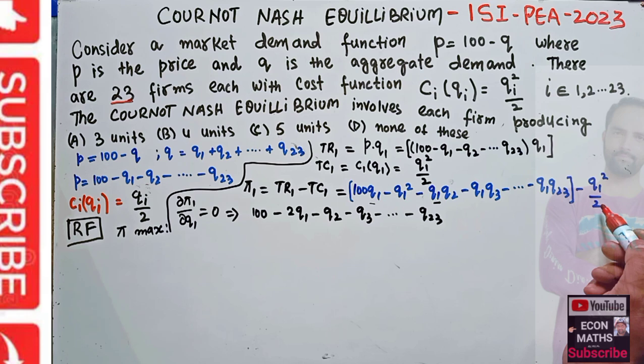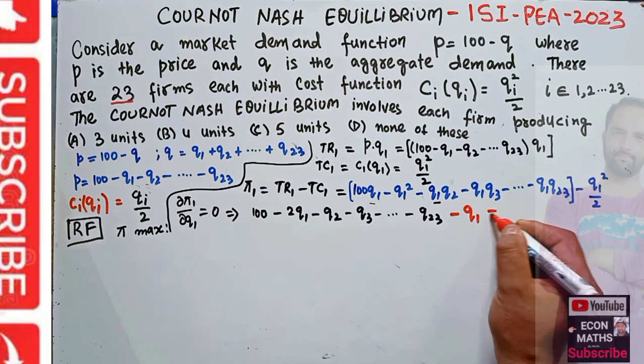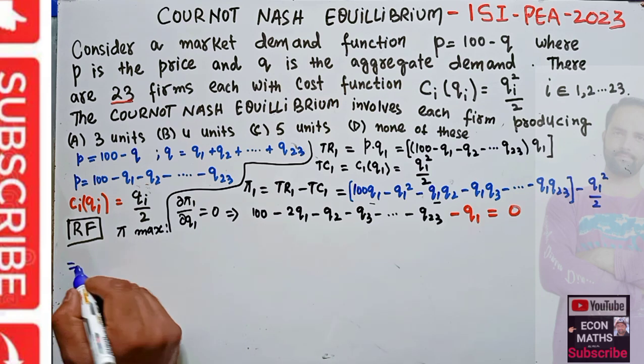Its derivative with respect to Q1: Q square, its derivative is twice Q1, 2 and 2 get cancelled, we will get minus Q1, and we set it equal to 0. Let me rewrite it.